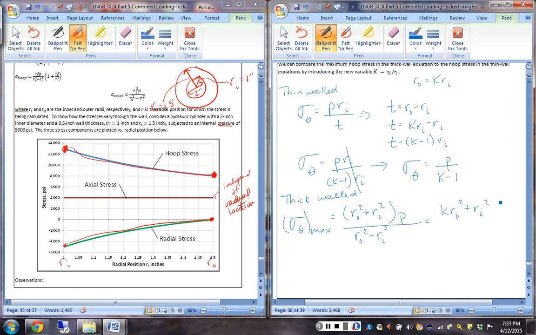Substituting in our definition of r sub o, pressure over K r sub i squared minus r sub i squared, and with the same simplification, by simplifying out the r squared, we have K plus 1 times the pressure in the numerator, K minus 1 in the denominator. Okay?